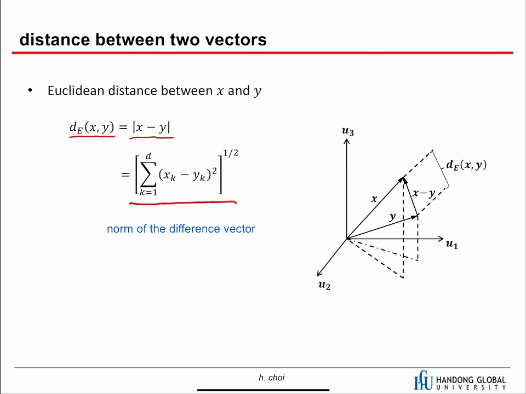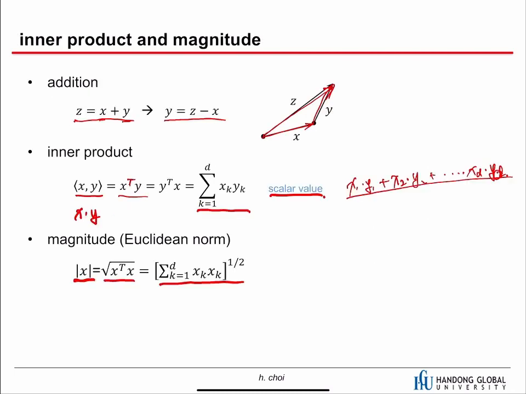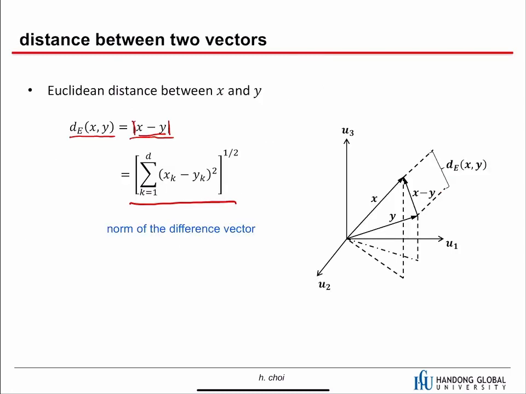Again, this one is a norm and this one is the difference. And as we have seen in the previous slide, the norm can be calculated in this way. Likewise, we square the element-wise differences and then sum them up, and we apply the square root operator. That's it.